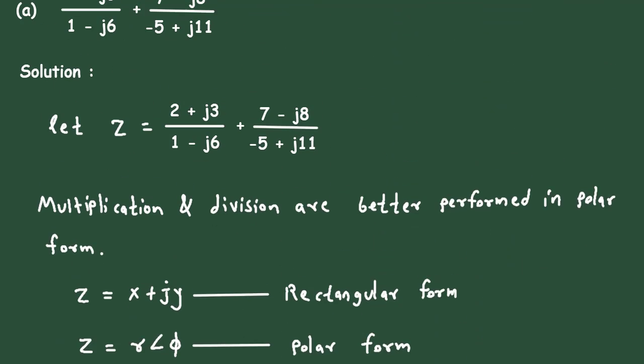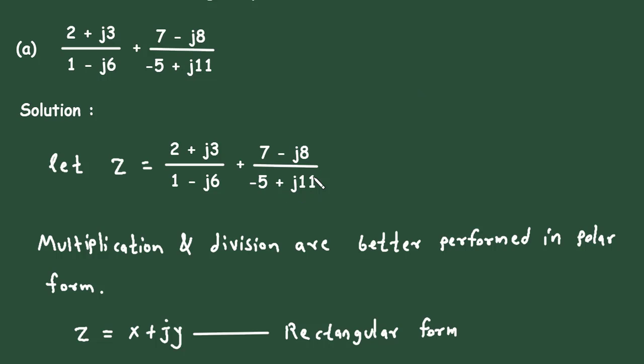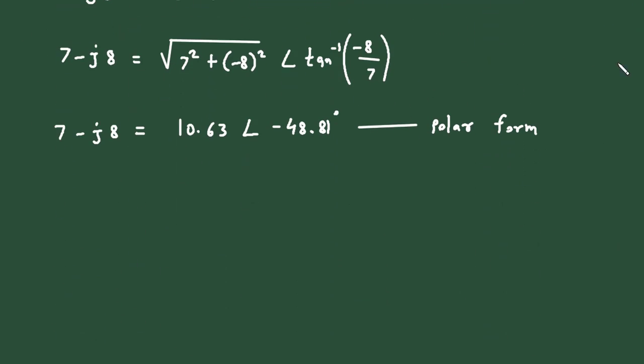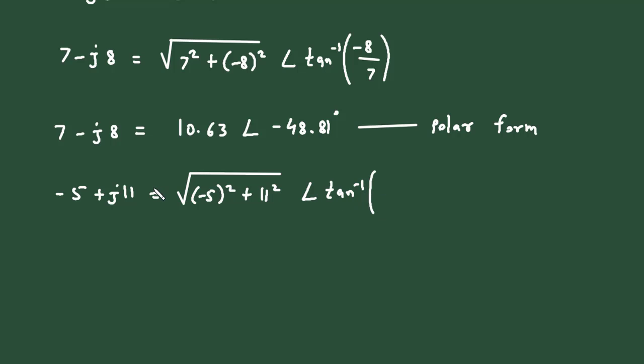Then next is minus 5 plus j11. Minus 5 plus j11 is equal to under root of minus 5 square plus 11 square at an angle tan inverse of 11 by minus 5.